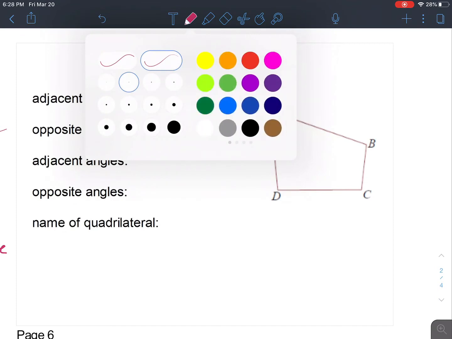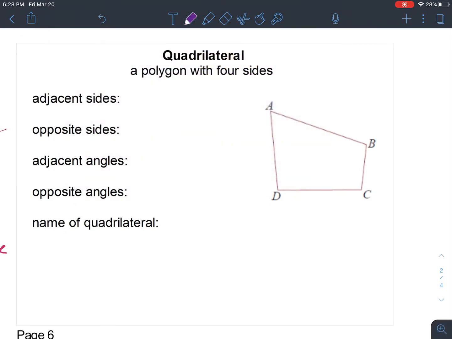All right. So now we're going to get into some more specific definitions of some of the shapes that we have discussed. So the first one is going to be a quadrilateral, and that is a polygon with 4 sides. So first thing is that we need to know its adjacent sides. So AB and BC are going to be adjacent.